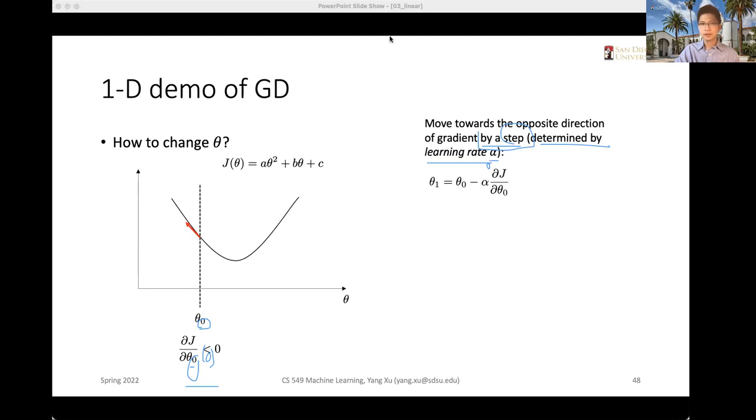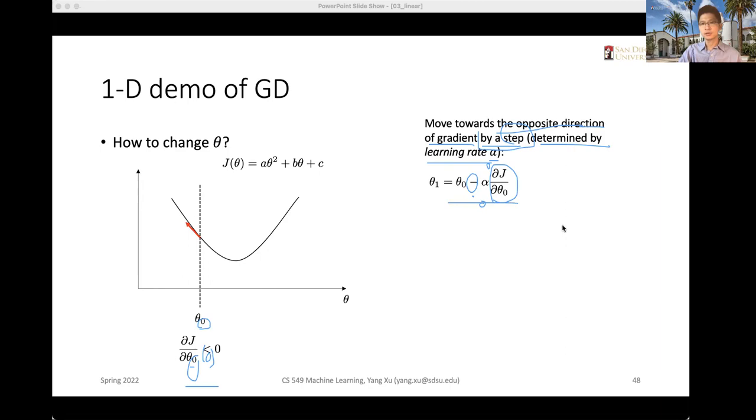Okay, all right. So the way that we update theta is theta 0 minus alpha times the current gradients. And the reason we use minus here is because we want to go against, or go towards the opposite direction of, gradients. So it's not plus. If we use plus, then theta 1 will be at a new position where the cost function will increase rather than decrease.